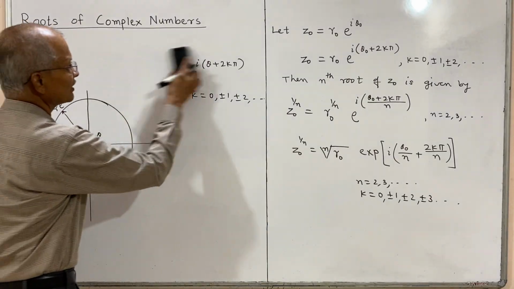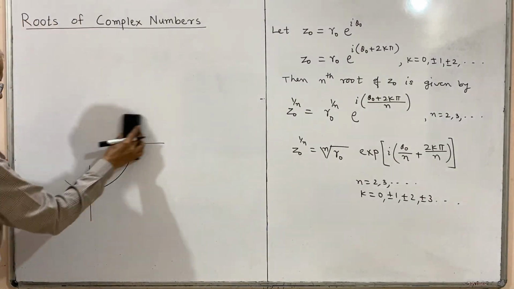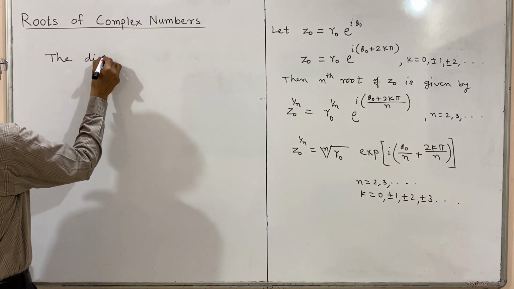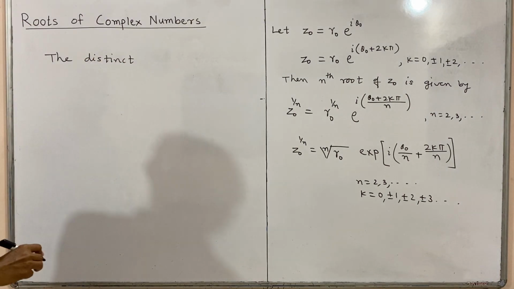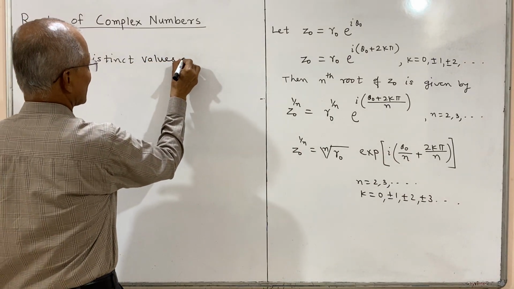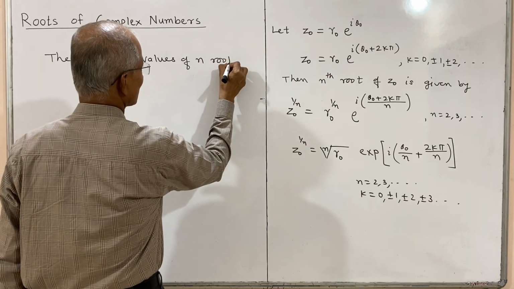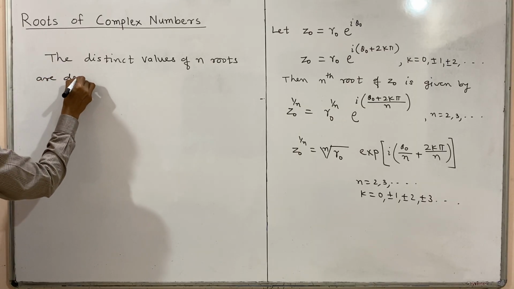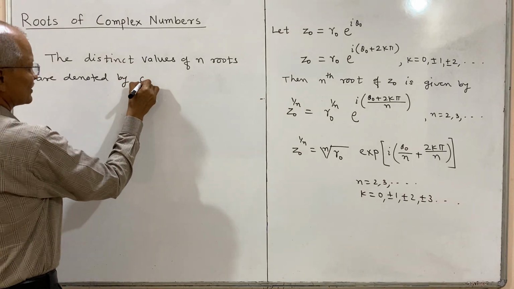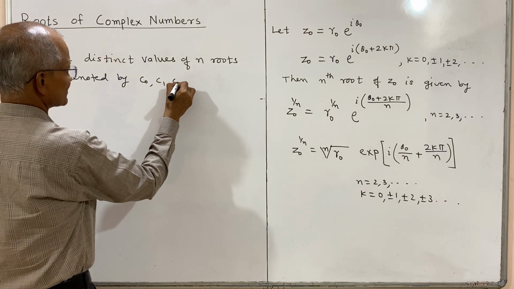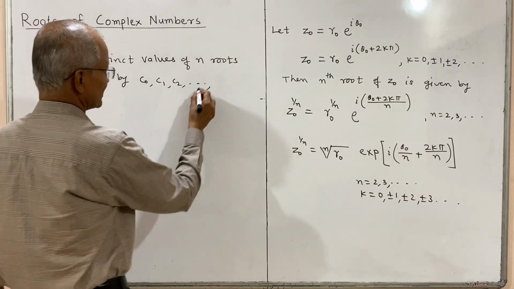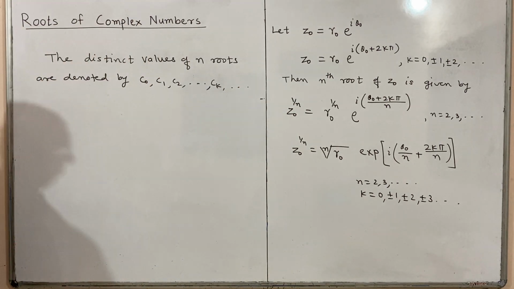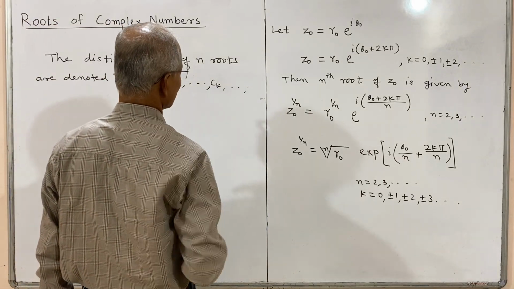So the n distinct roots are denoted by, this is the notation we shall use, C naught, C1, C2 and so on, Ck, etc.